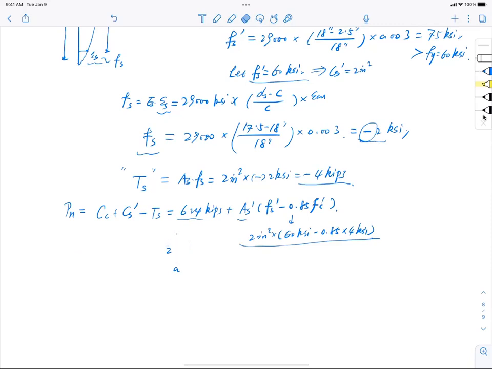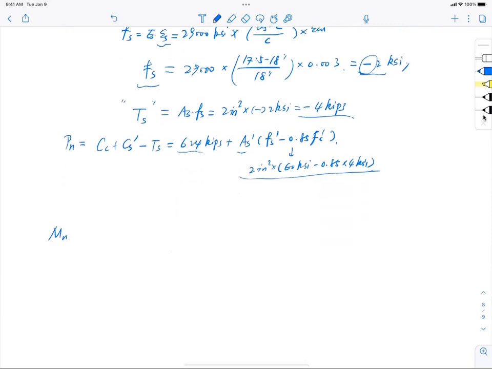Yeah. I made a mistake here. Apologize. It's 113.2. 113.2. This is the kips, right? Okay. Yeah. Can we confirm this number? Apologize, I must have made this mistake last night. Forgot this minus 0.85 f prime c. 113.2 kips.